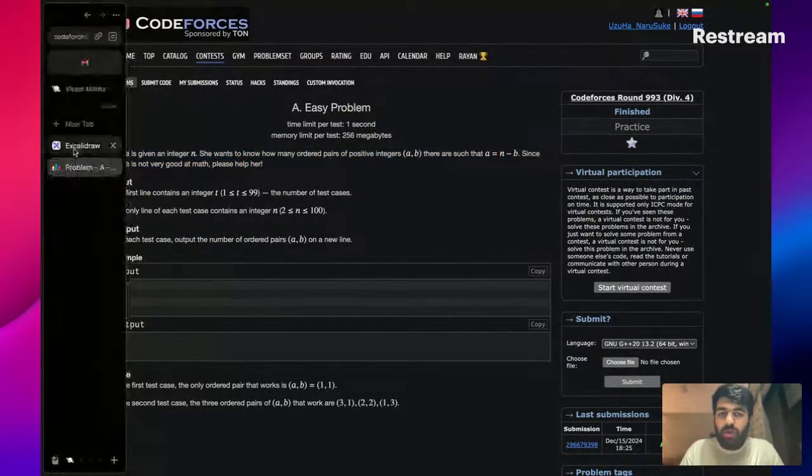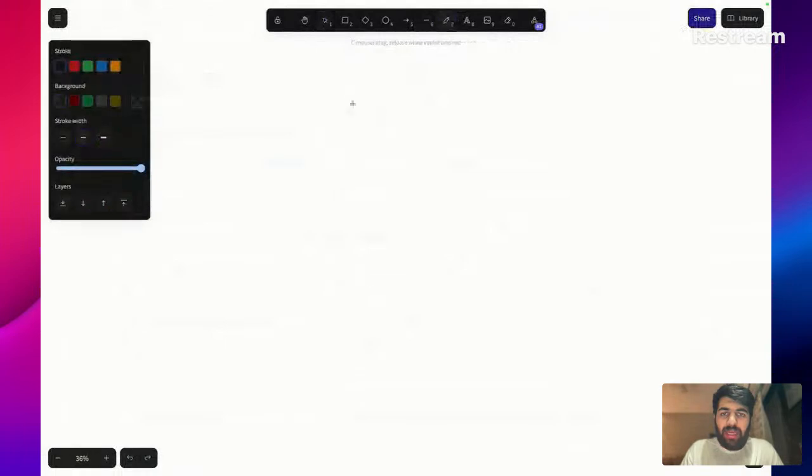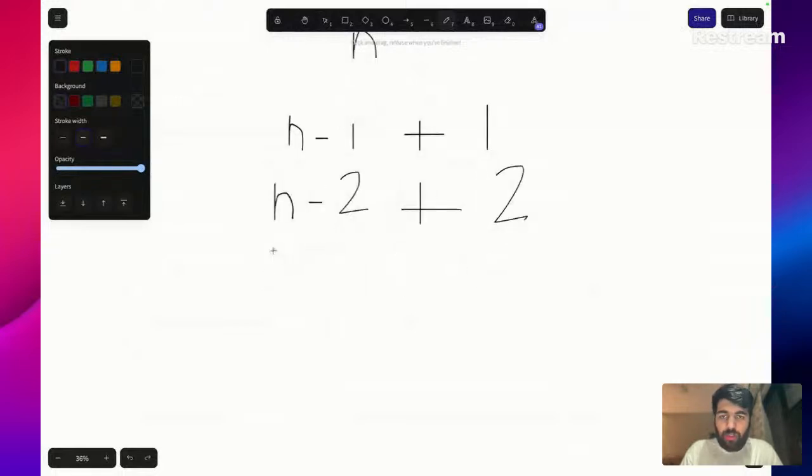As you can see, any number, let's say n, I can write as n minus 1 plus 1, n minus 2 plus 2, and so on. So n minus a plus b is equal to n, right?